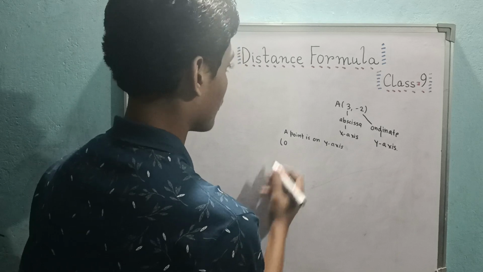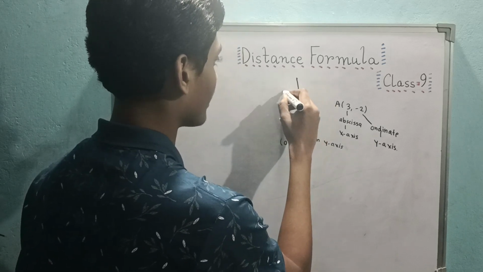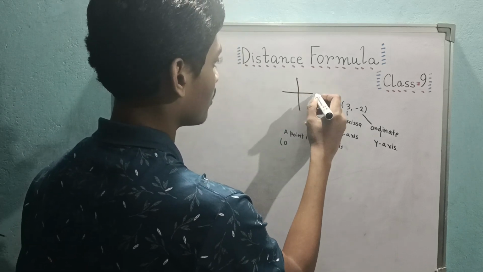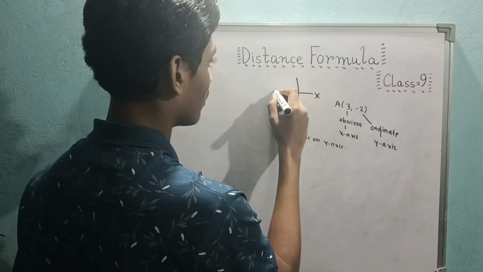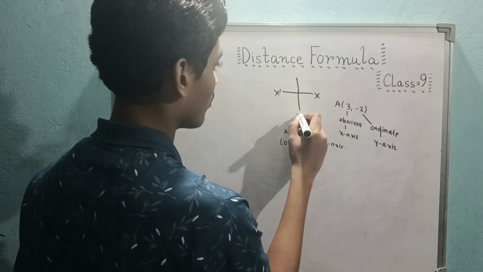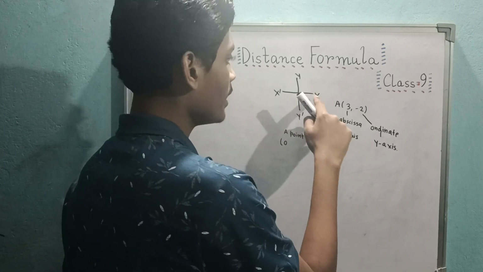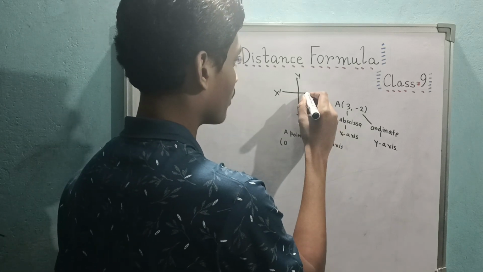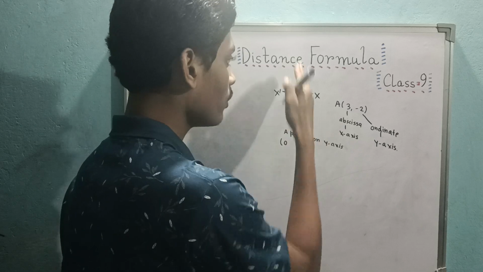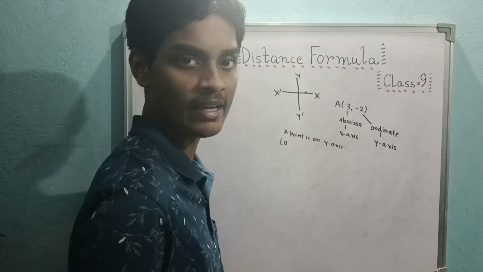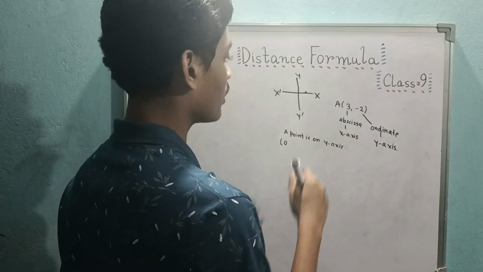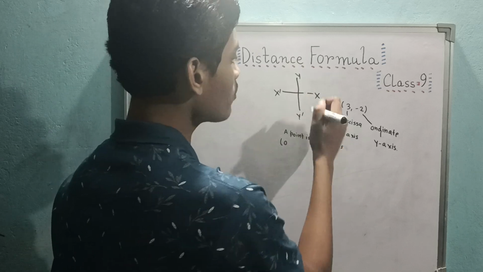Suppose the axes are like this, X dash, Y, something like this. So the point is lying on this X. Sorry, here it is lying on the y-axis.